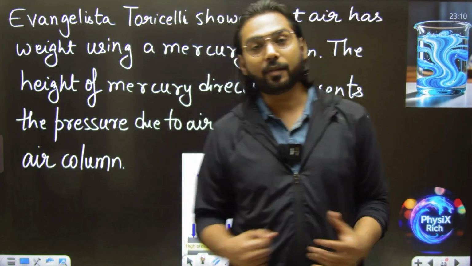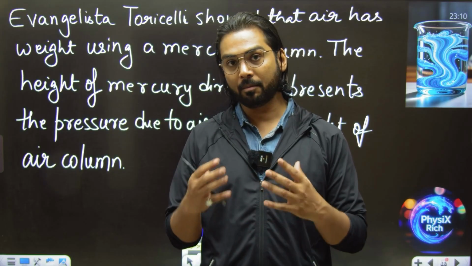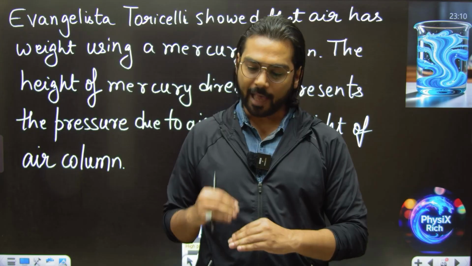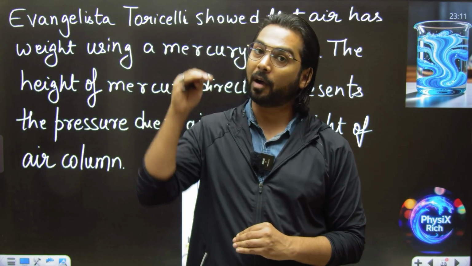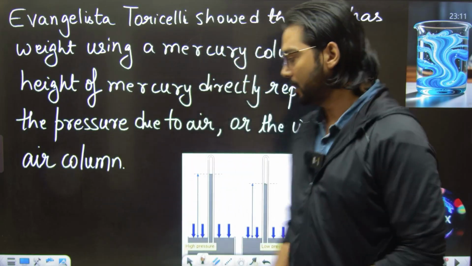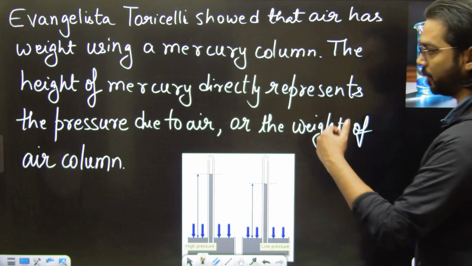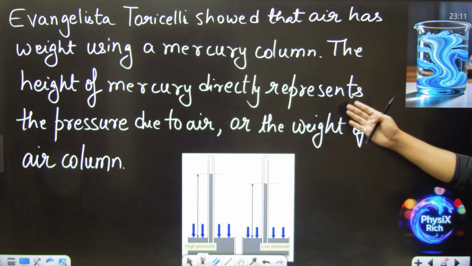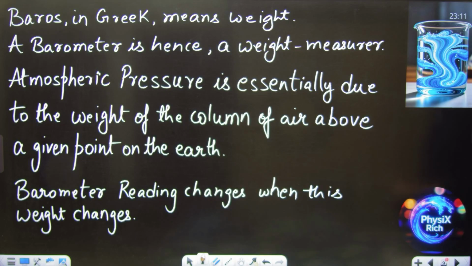The understanding that we get from here is that the barometer measures the weight of the air column above us. As you go higher and higher, the weight above you would reduce, and that's why the height in the barometer would also reduce. So the height of the mercury directly represents the pressure due to air, or the weight of the air column.